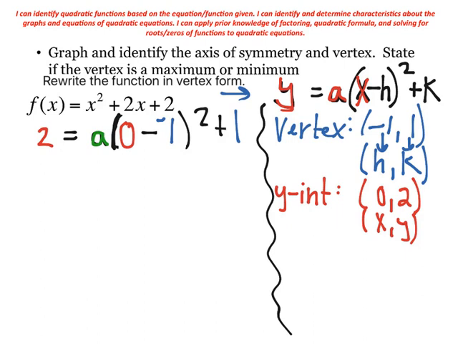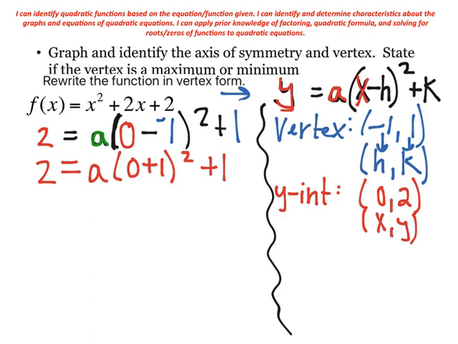So once you have all of that filled in, you're only missing one term. You can solve for a. Okay? You can solve for a. How do I do that? Well, keep 2 equals, keep the a. What is 0 minus negative 1? Okay. That's the same thing as 0 plus 1 squared plus 1.